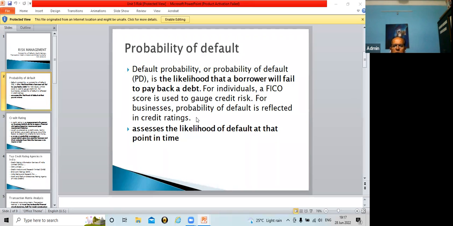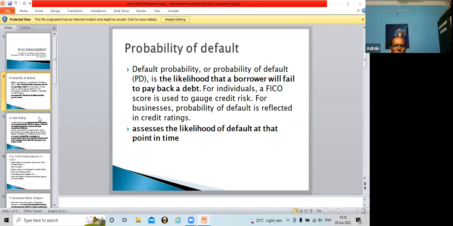If you have purchased something using a credit card, or maybe some electronic things, never ever should you miss the EMI. If you miss EMI, as I told you, credit score gets immediately down because of this non-payment. So basically this PD is the likelihood that a borrower will fail to pay back a debt.